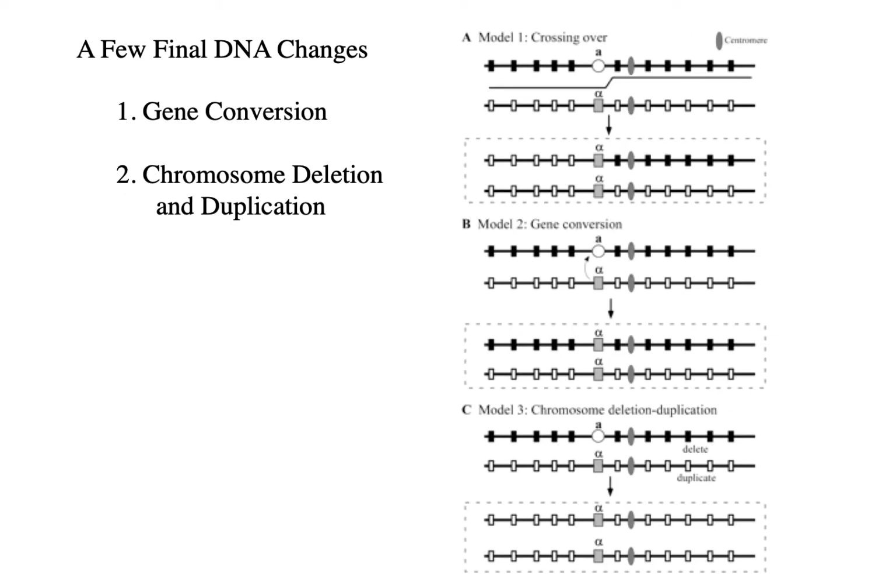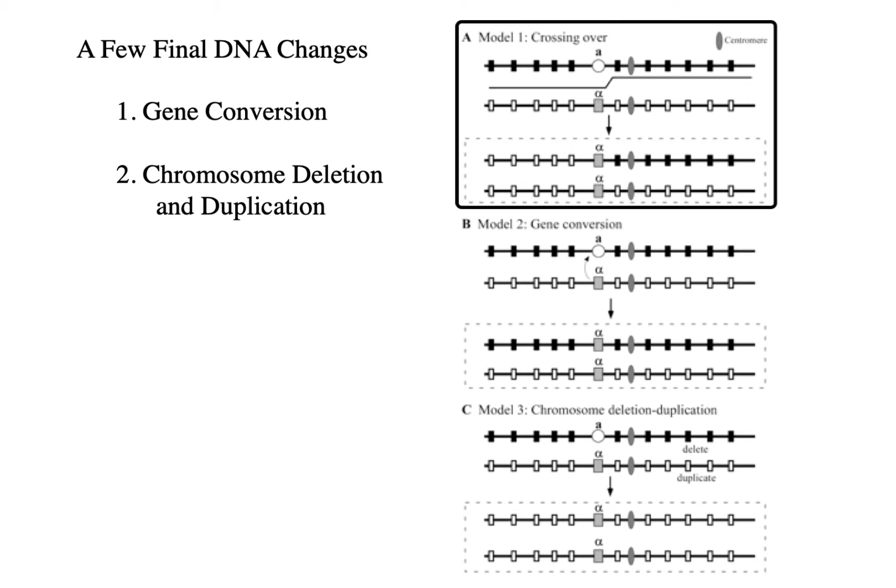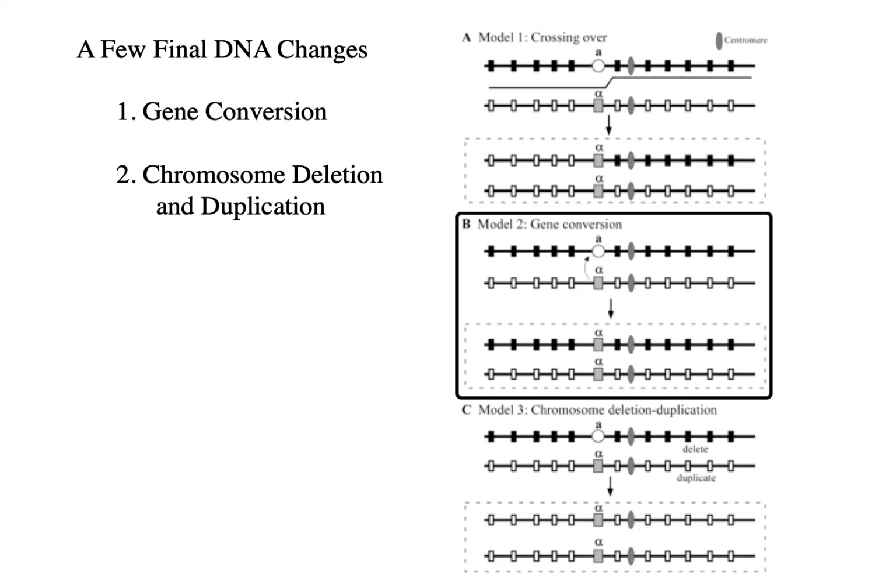Here is sort of a summary of some of those changes that I've talked about already. One is crossing over, so you can get a crossover in a chromosome, thereby producing a couple of new types of chromosomes upon duplication. One contains sort of a hybrid of the other two that were originally there, and one is just like the original one.